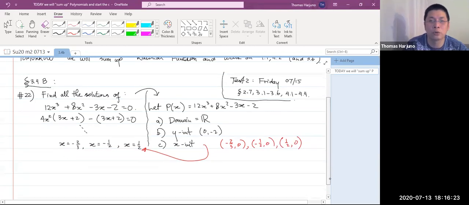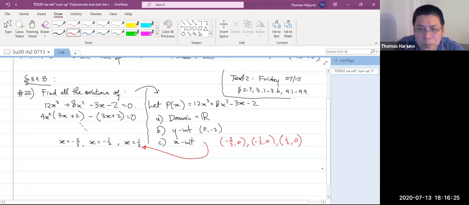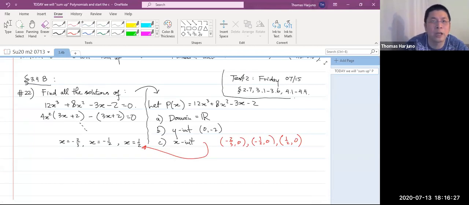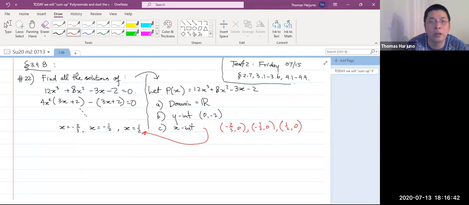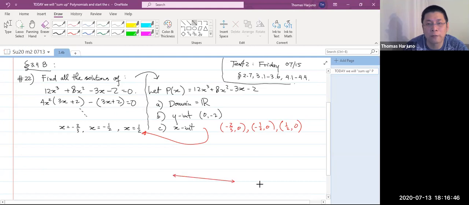Of course, we can also talk about the rational zero theorem, and so on and so forth. A lot of things we can do, but one thing we can definitely do right away is sketch the graph.